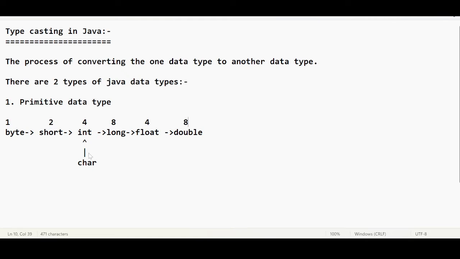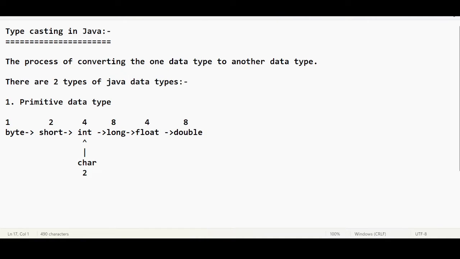Double is going to consume 8 bytes, right? And the character data type is going to consume 2 bytes of memory. So we know these things already. We have solved a lot of problems. We have converted the decimal value to the binary value, and a lot of problems have been solved on top of each and every data type. Yes or no? Yes, right?